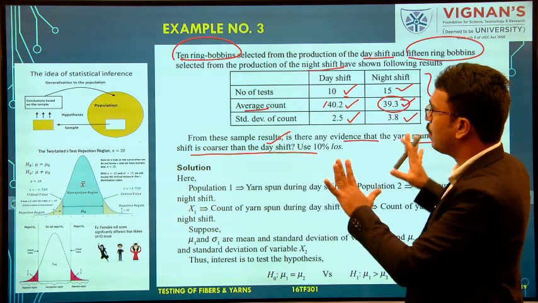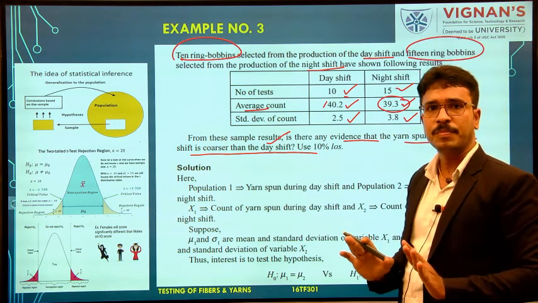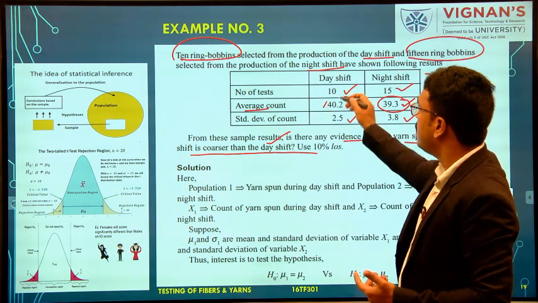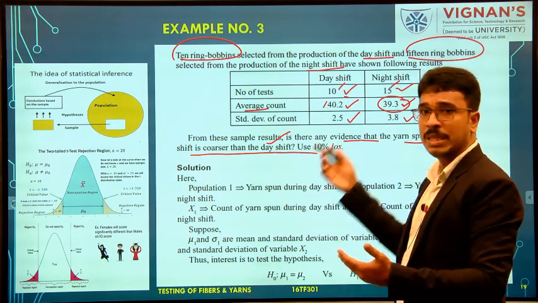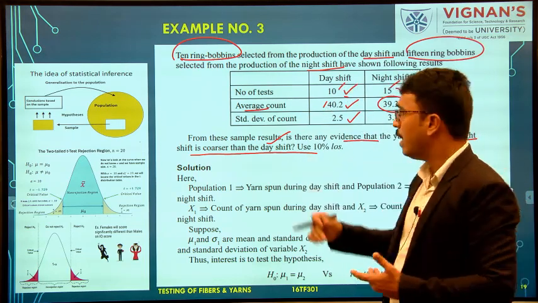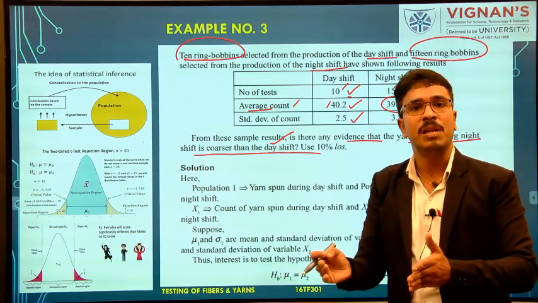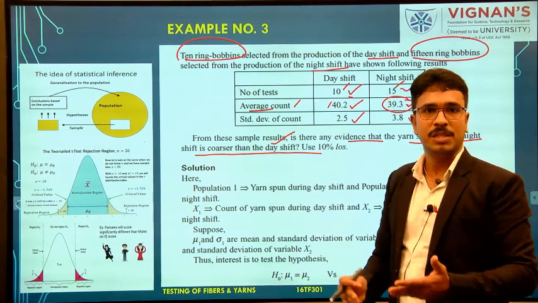So simply by looking at the given information, you can decide which test you have to do. The sample size in both the populations is less than 30, and the mean is given. So it is obviously a small sample where two populations are given.